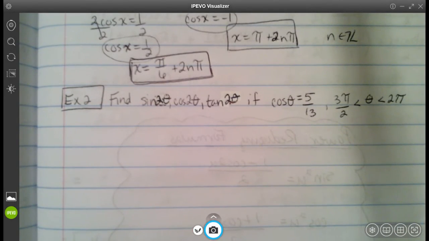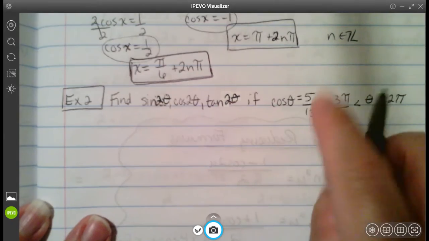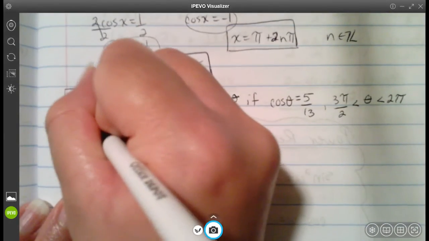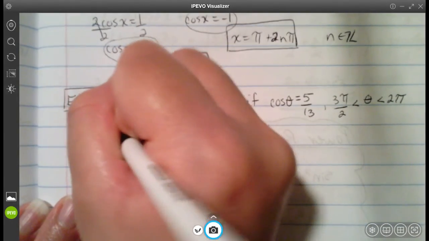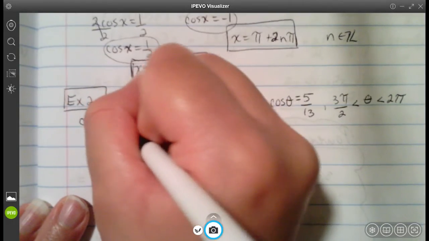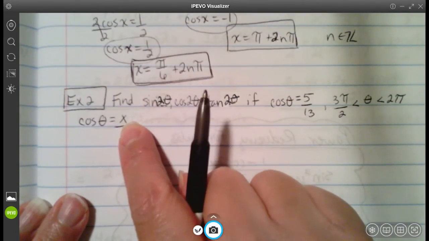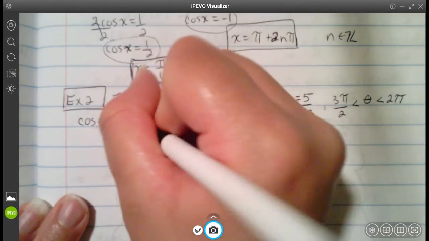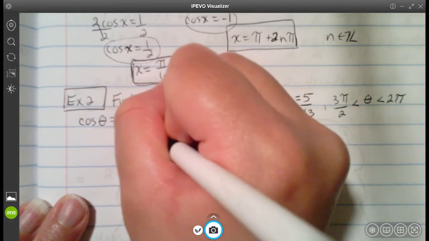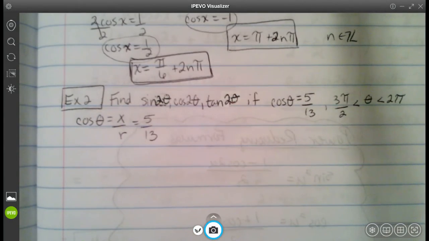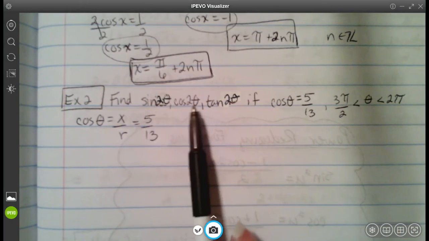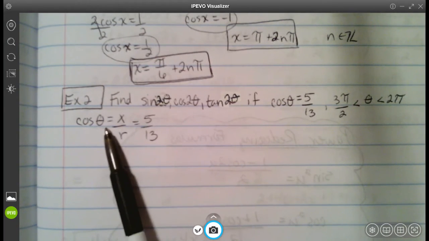Cosine of theta is equal to 5 over 13. I know from past knowledge that cosine of theta is equal to x over r, the x value over the radius, and in this case we're looking at 5 over 13. If I'm going to find sine and tangent, I'm going to need the y value also.